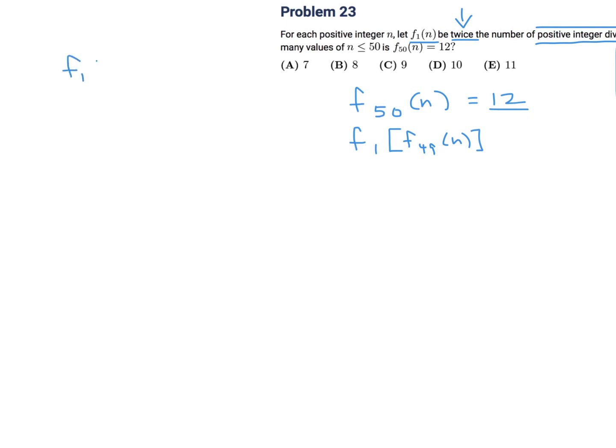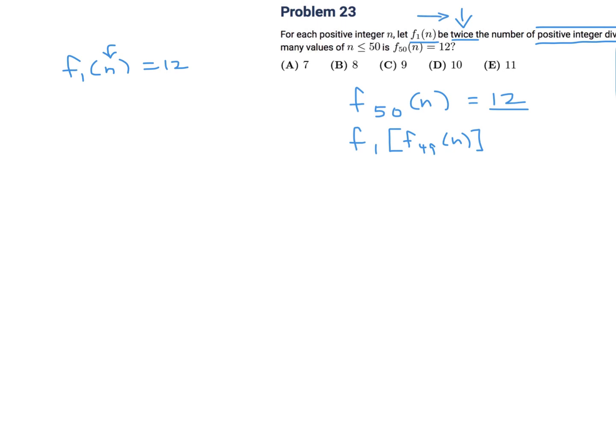If we have f at 1 of n is 12, what does that mean? How did we get 12? Basically what it meant is that this n has 6 positive integer divisors, because f at 1 is twice the number.